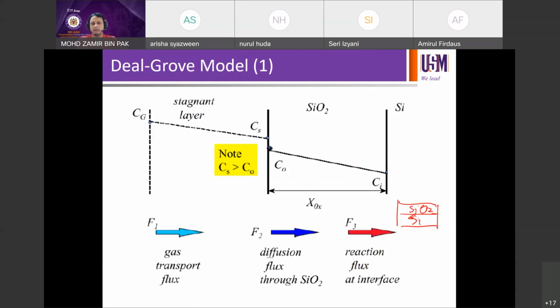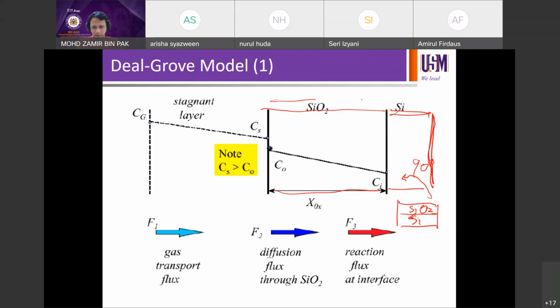To understand this illustration, just flip this 90 degrees anti-clockwise. Your oxide is going to be here on the left-hand side, and your silicon is going to be on the further right, and the oxidant is coming into the surface, right? So if you flip this, you're going to get silicon all down here, silicon starting here until the end of the silicon. Then you're going to get your silicon dioxide on silicon.